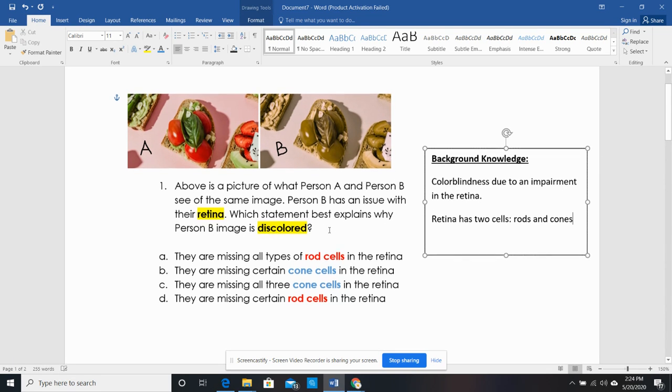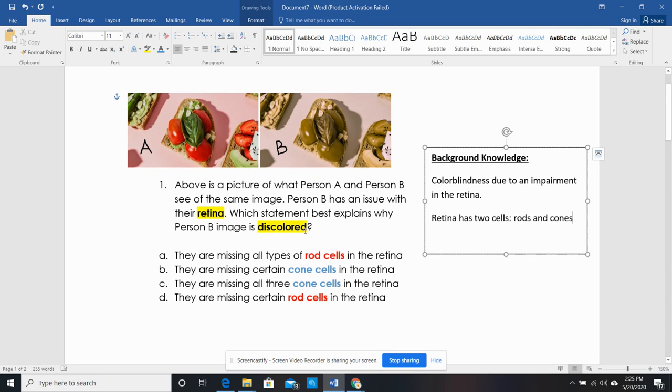Awesome. So now when I look at my answer choices, I can see that right away, that's the first distinction that I need to make. Is color blindness due to something impairing the rod cells or the cone cells? So now let's think about and add to our background knowledge about what we know about rods and cones. What do the rod cells do?